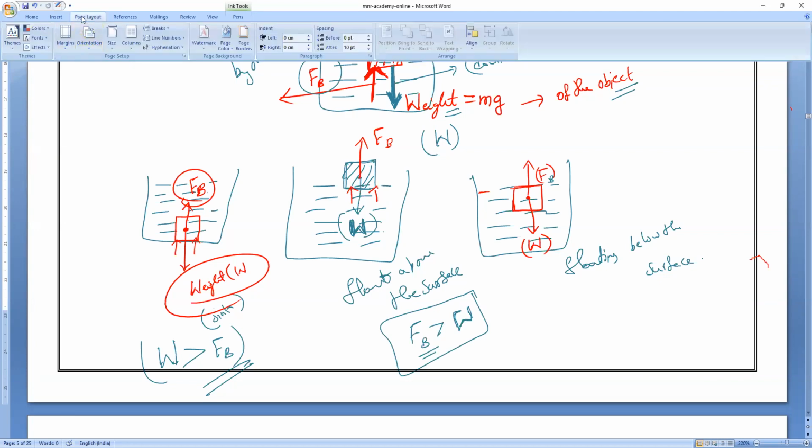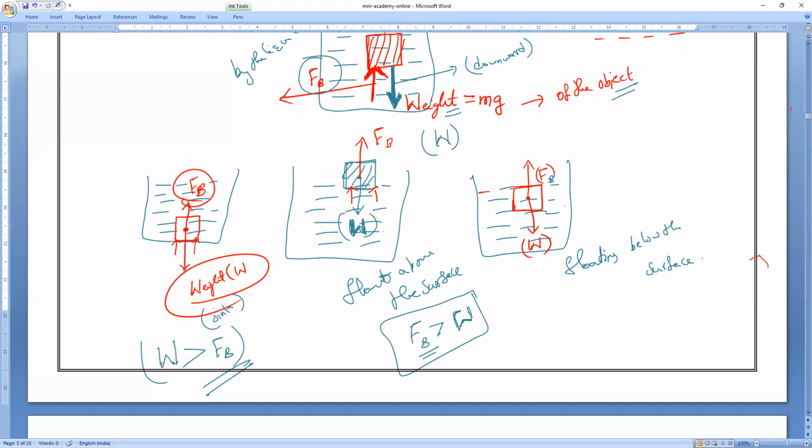Clear? Please respond. Next. It is floating just below the surface, neither up nor down. So can you tell me what is that? It is floating along with the liquid, guys. So what will happen? Along with the liquid, it is floating.